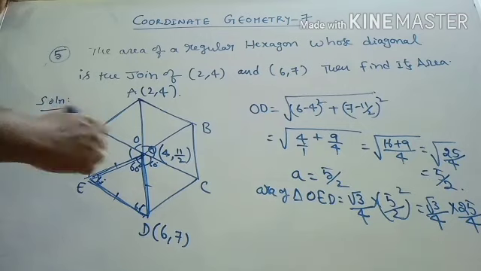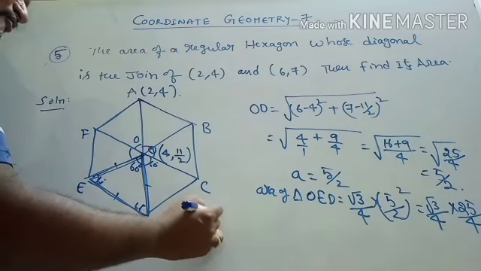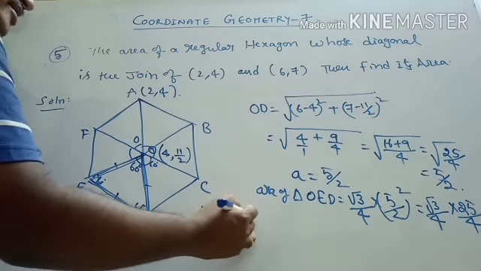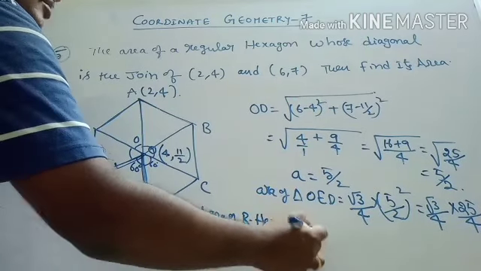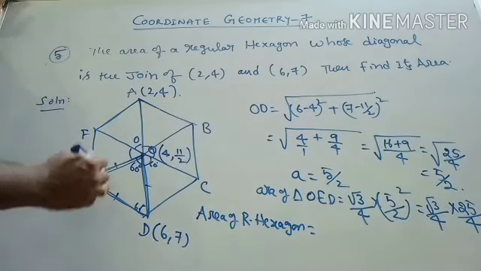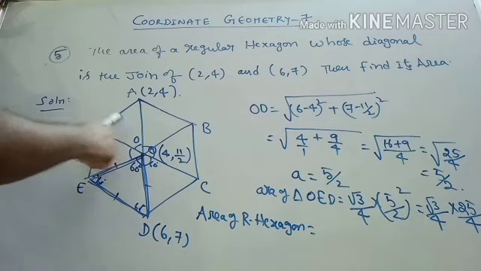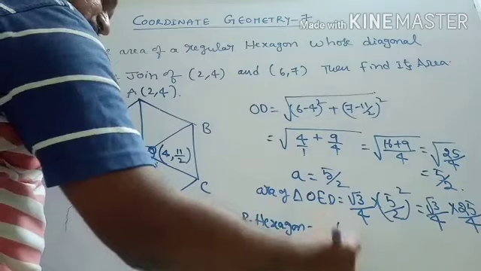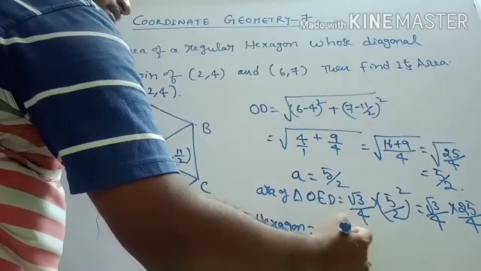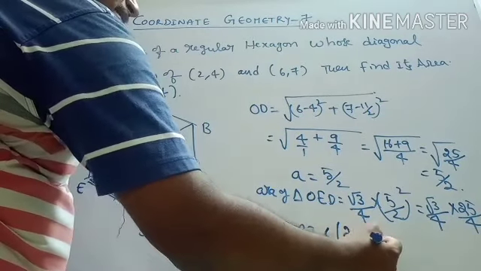Now we want the area of the regular hexagon. This is formed by 6 equilateral triangles. That means this is 6 into 25 root 3 by 8.